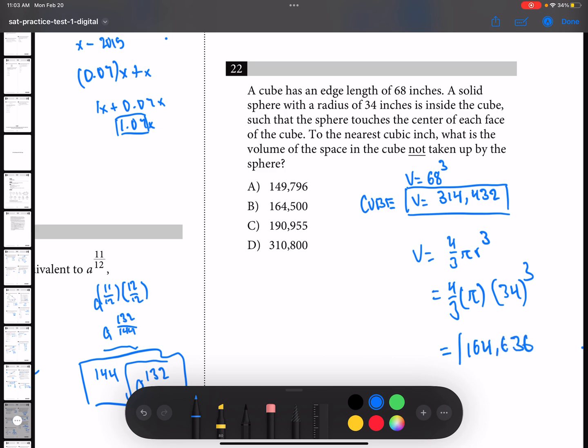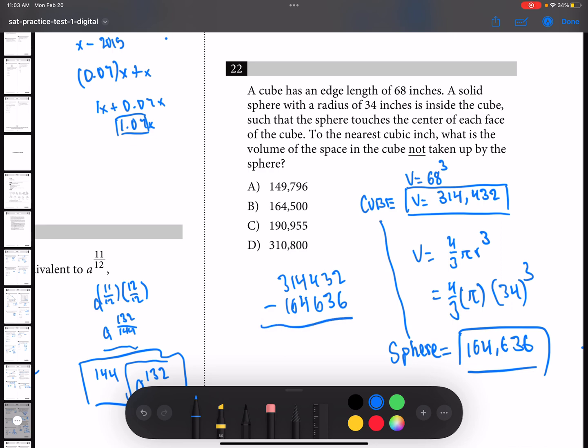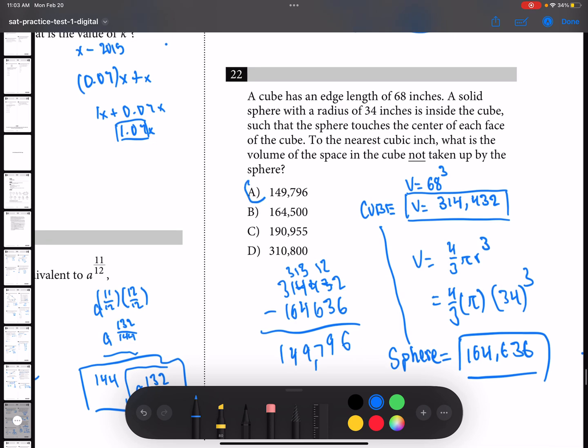So that's the sphere's volume. So now you would subtract cube minus sphere, which is 314,432 minus 164,636. After subtracting that, we're going to get 149,796. So that means our answer is A.